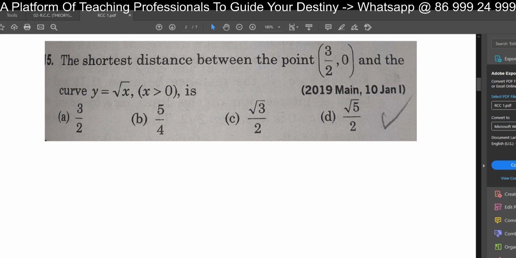So what is that you get here? A power 4 minus 3A square plus 9 by 4 plus A. Then what is that you get? A power 4 minus 2A square plus 9.